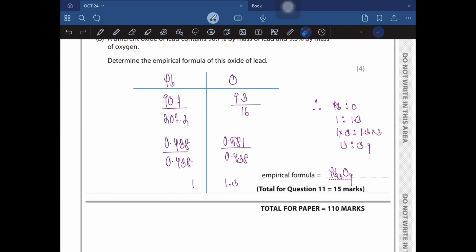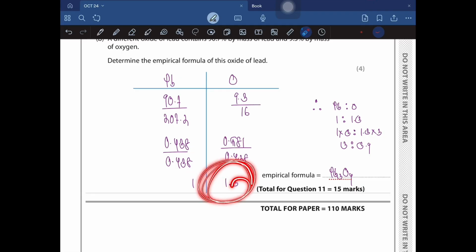Let's just repeat this again. You have the percents, you divide them by the molar mass, that is 207.2 for lead and 16 for oxygen, right? And then you divide all of these by the one that has the smallest value. So in my case that was 0.438, so I divide 0.438 by 0.438 and 0.581 by 0.438, so I get 1 to 1.3, right?